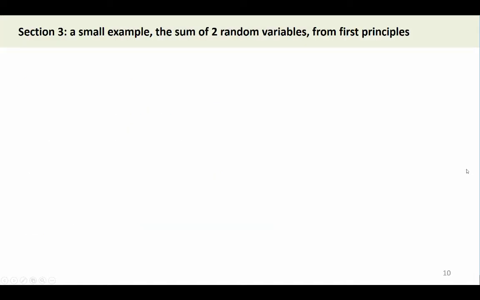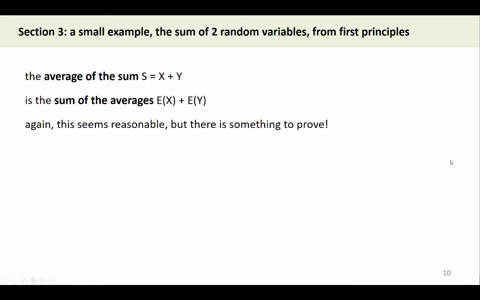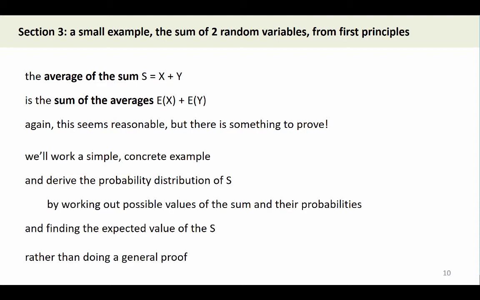Section 3 is going to go through a very small example, the sum of two random variables from first principles. We're going to take a look at the average of a sum of two random variables, x and y, and we're going to see that the average of the sum is the sum of the averages. And again, this seems reasonable, but there is something to prove here.